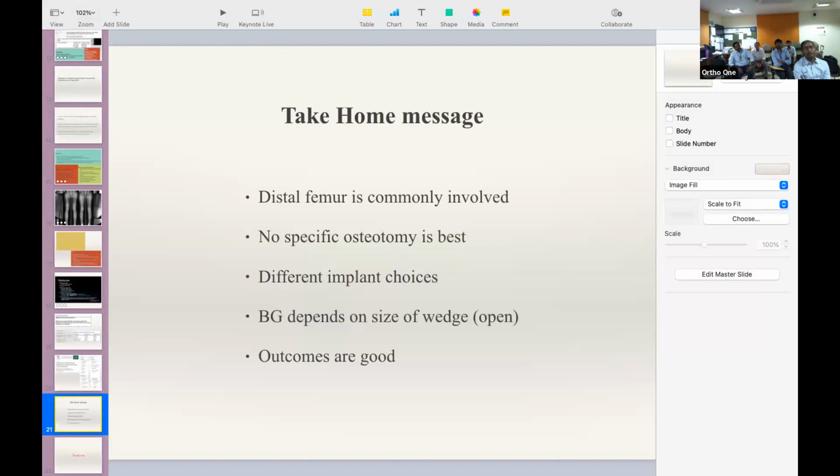Healing is better with closing wedge osteotomy. But technically, closing wedge osteotomy is slightly difficult because you need perfect calculations. Unlike an open wedge where you can fine tune and adjust the opening, in closing wedge you cannot fine tune. So your calculations must be correct, and your osteotomy must be technically correct to do a closing wedge osteotomy.